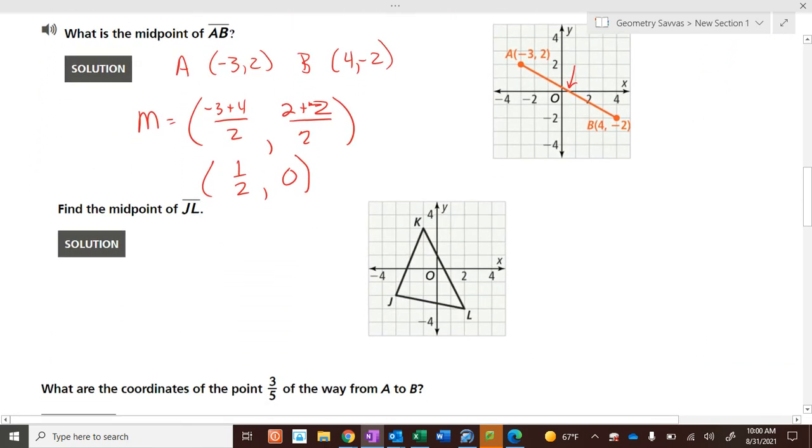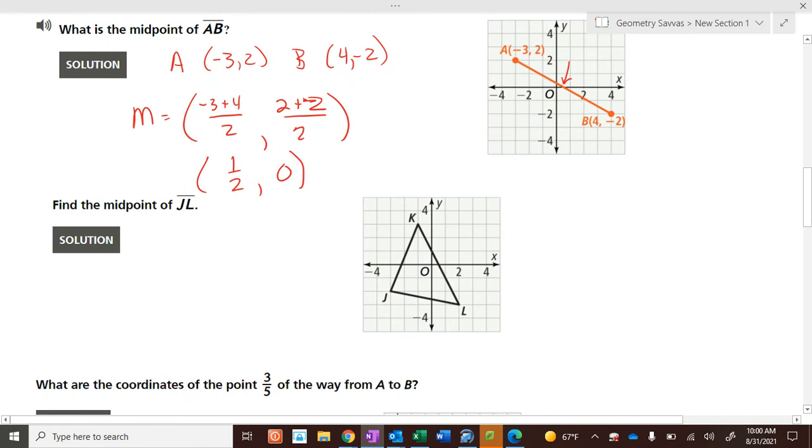Or maybe not. The midpoint of JL. What didn't they give us for JL? The ordered pairs. Yeah, they didn't give us the ordered pairs. We got to figure those out. So J, what does J look like? Where is J, Ella? -3, -2.